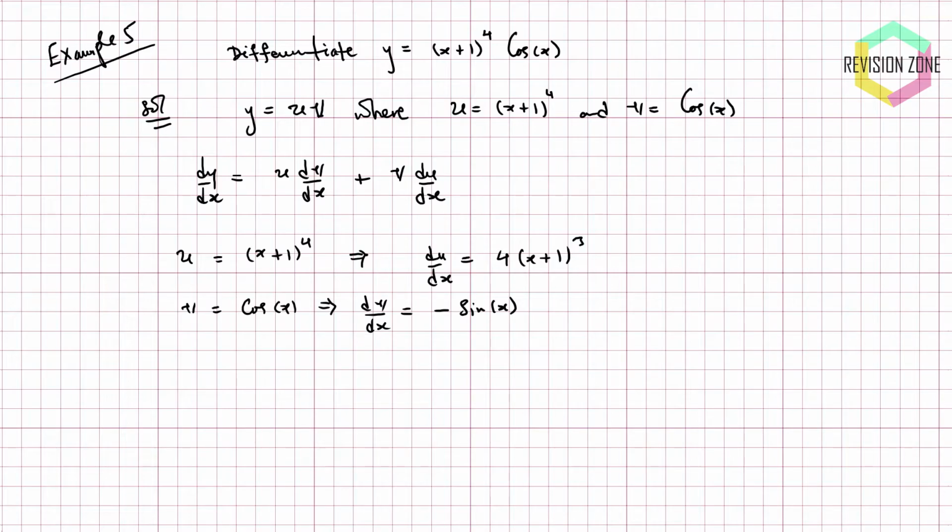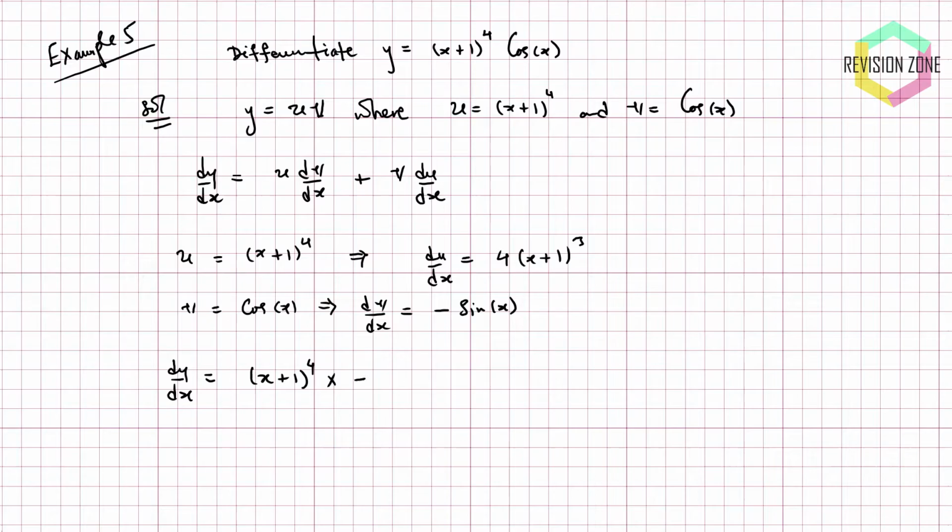So, armed with this information, we can basically go back to our formula for the product rule, and we can say, let's substitute things in. So what do I need? I need my u. My u is here, so I'm just going to write that down. So it's going to be (x plus 1) to the power 4. And then I need my dv by dx. Well, my dv by dx is here, so I'm just going to write that down.